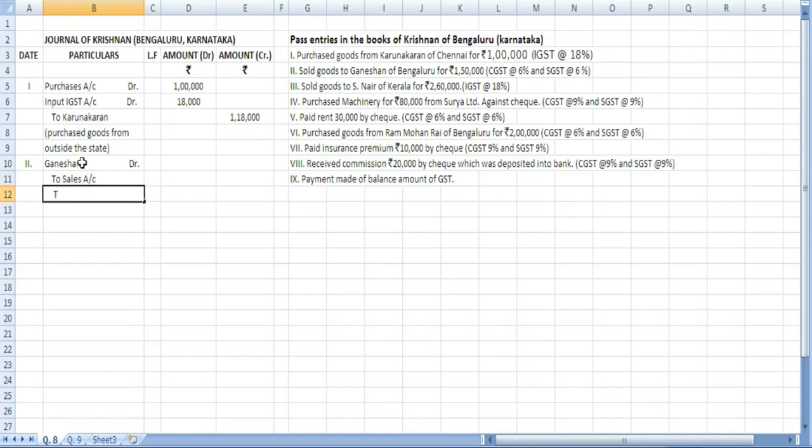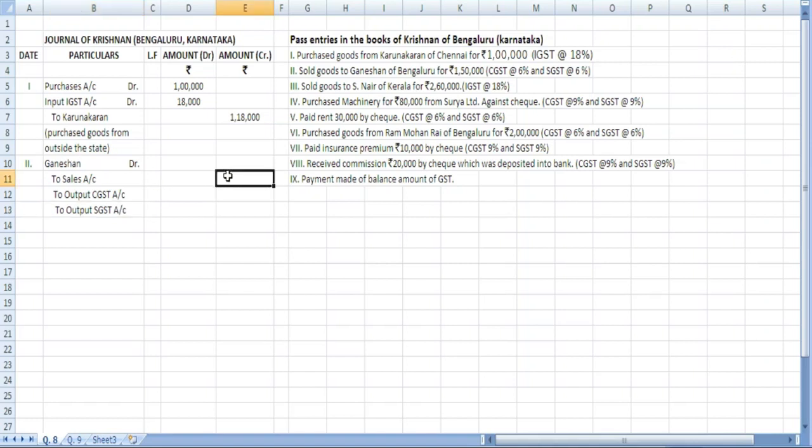We'll collect some GST at the time of sale, so to output CGST account, to output SGST account.